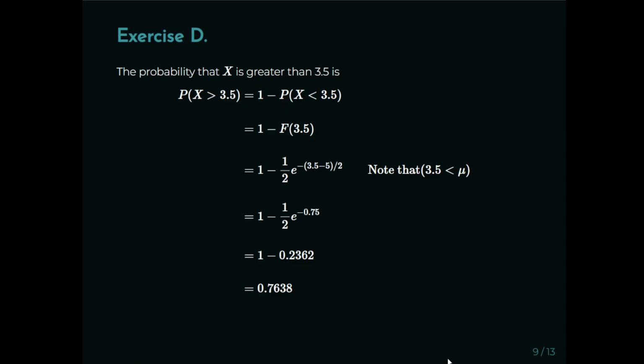That is essentially the exponential of minus 0.75. So you have 1 minus 1/2 of the exponential of minus 0.75, and that works out to be 1 minus 0.2362, which is 0.7638.